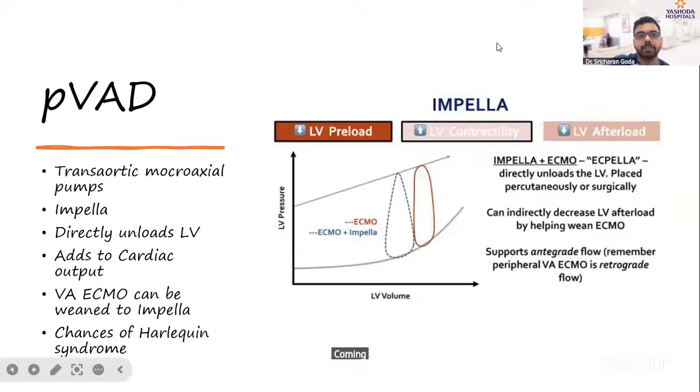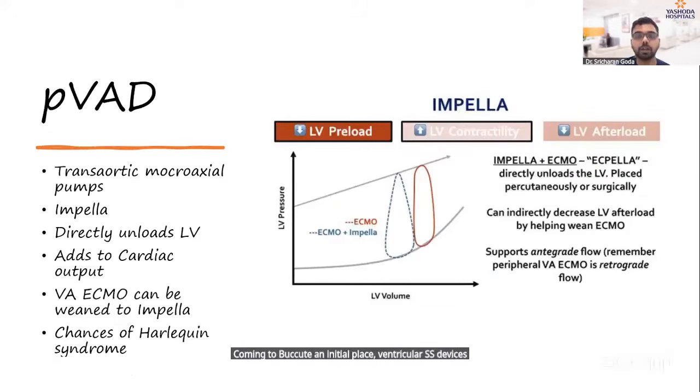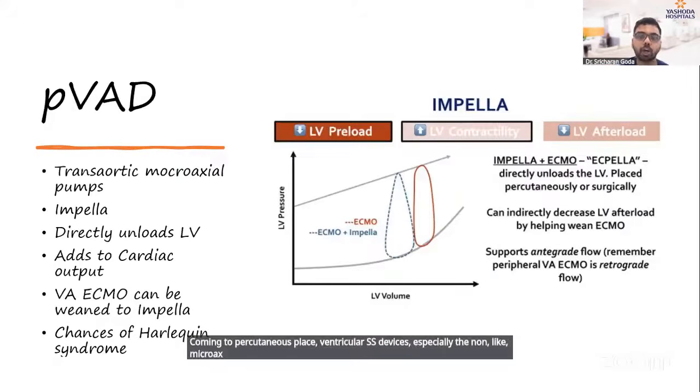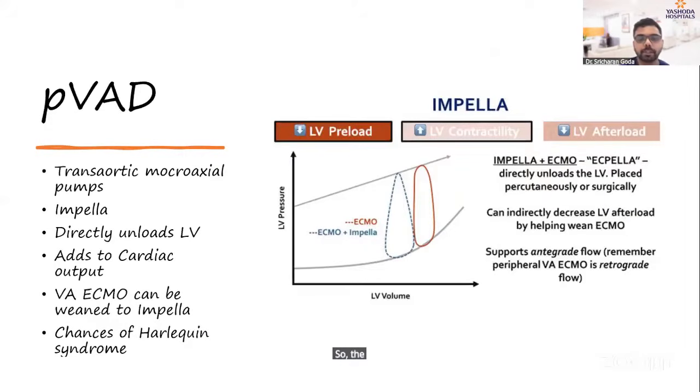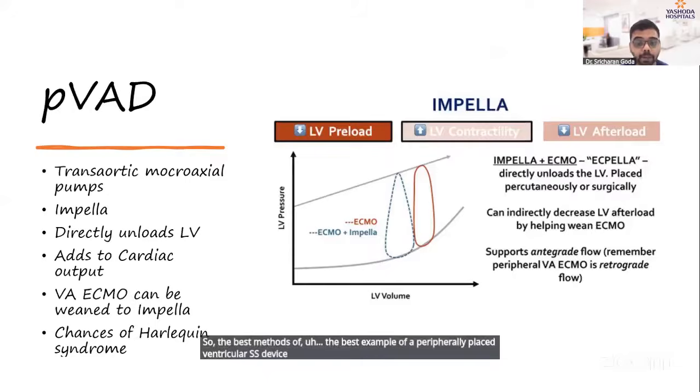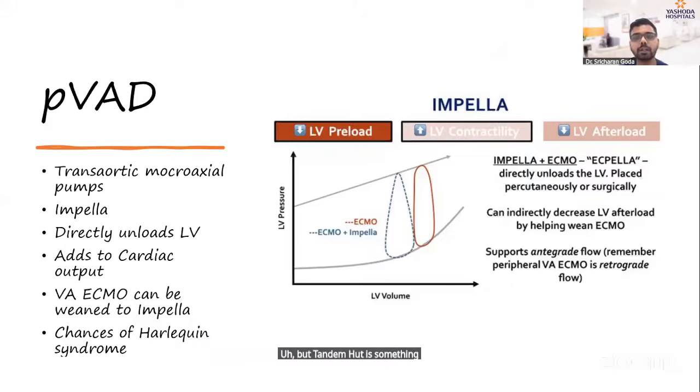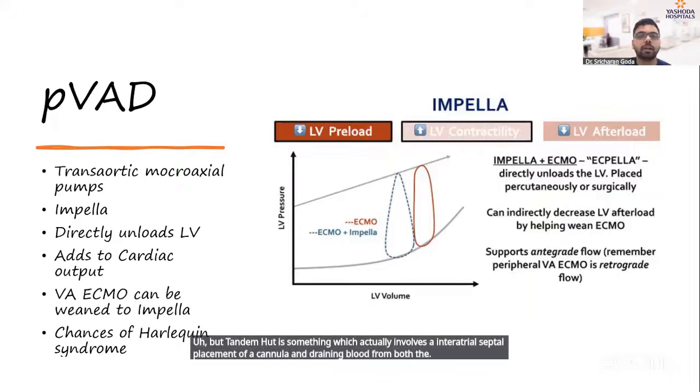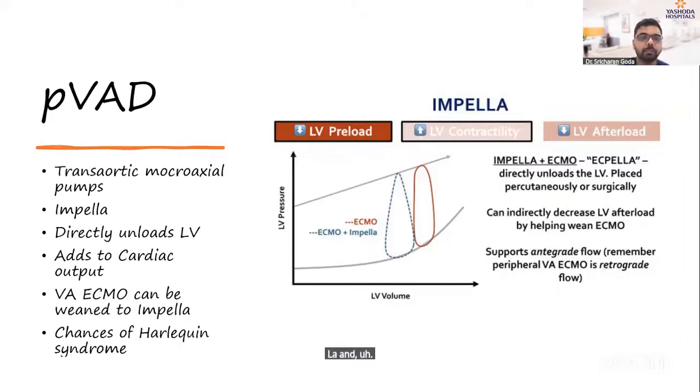Coming to percutaneously placed ventricular assist devices, especially the non-pulsatile transaortic microaxial flow pumps, the best example of a peripherally placed ventricular assist device is the Impella. Sometimes TandemHeart can also be used, but TandemHeart involves an intraatrial septal placement of a cannula, draining blood from both the LA and RA and giving it back into the aorta.